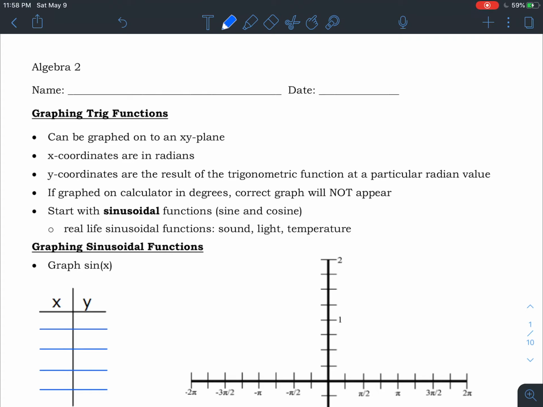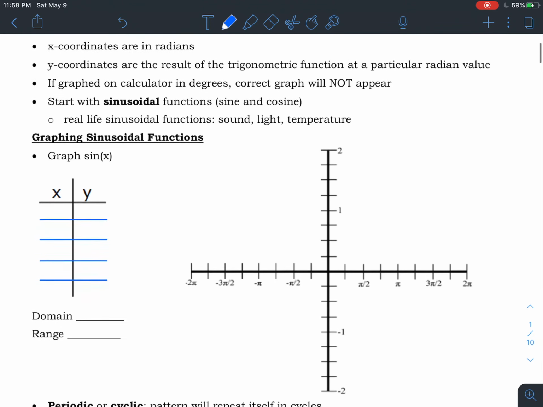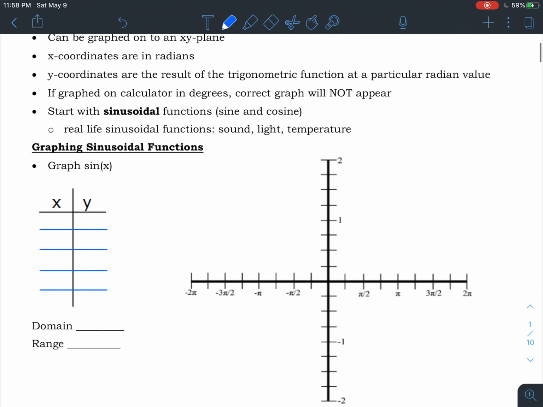Some other things that are important for us right now is that in our graph, the x value, our input, is going to be our angle. And with everything that we're graphing, they're going to be in radians, because like I've said throughout this chapter, radians are the default measurement system in upper level math and in science when you get into the upper level stuff.